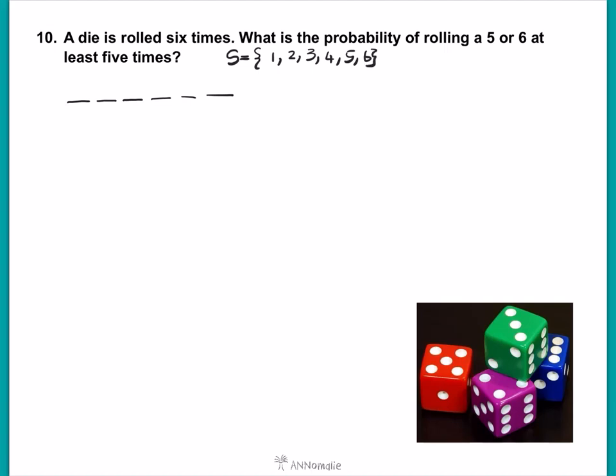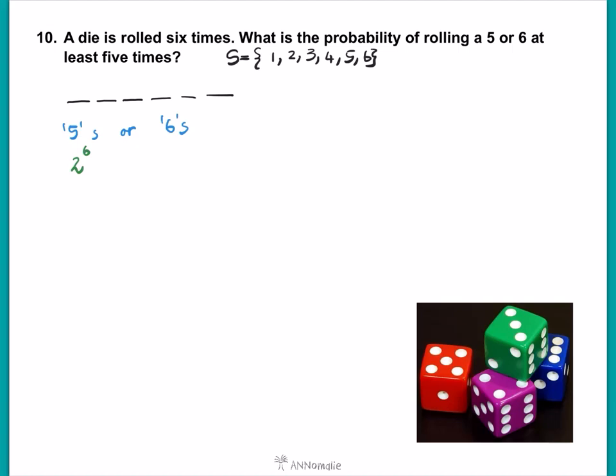In scenario 1, all boxes consist of 5s or 6s, all of them. So that means for each one of these rolls, we've got 2 options, and that is to the power of 6.